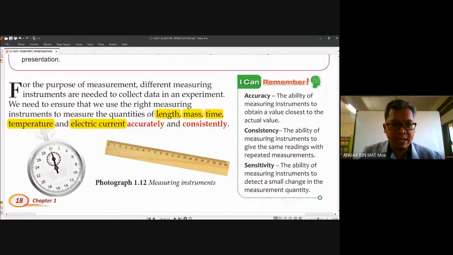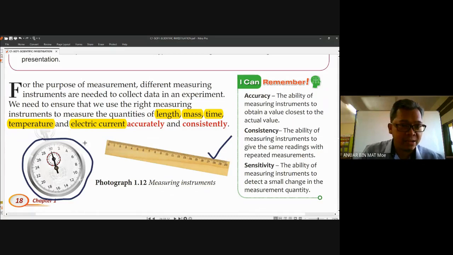And then right here, this is a stopwatch. This one is a ruler to measure the length, and this is the stopwatch, the measuring instrument to measure the time. Okay, so why do we need to use the measuring instrument?